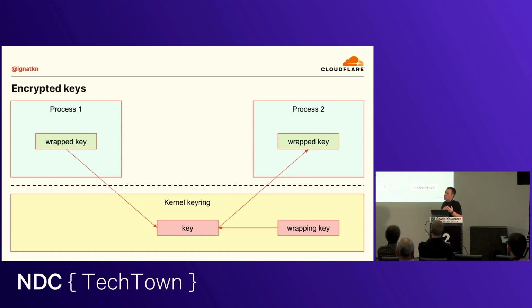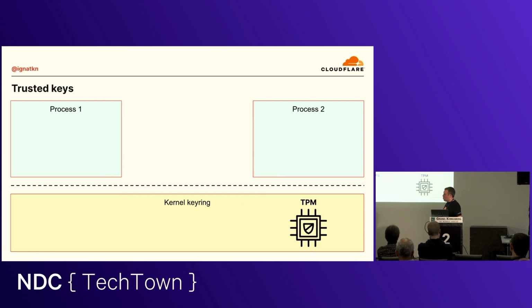But here we have a chicken and egg problem. How do we provision the wrapping key then? The way the kernel approaches this is that you can put a crypto chip inside instead of a wrapping key, and encrypted keys become trusted keys. The Linux kernel has native support for TPM for that, but technically the subsystem is quite modular.